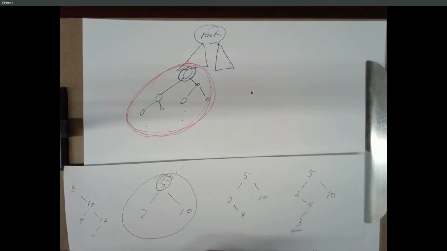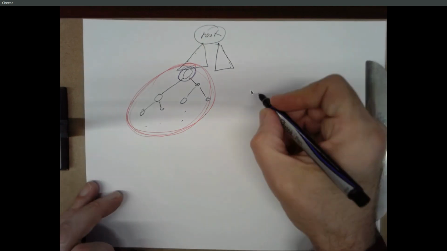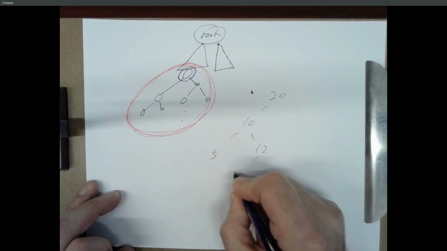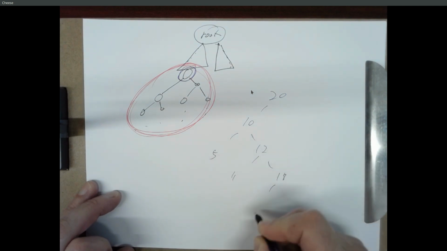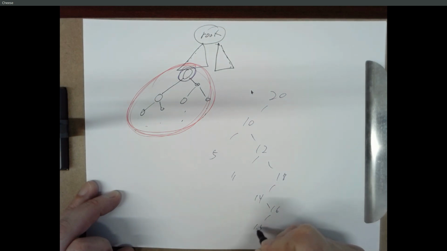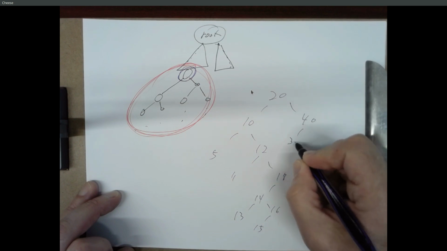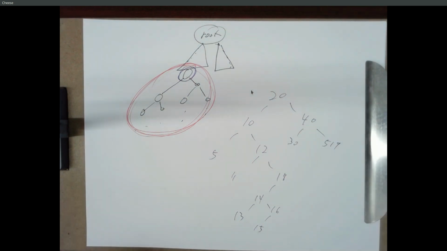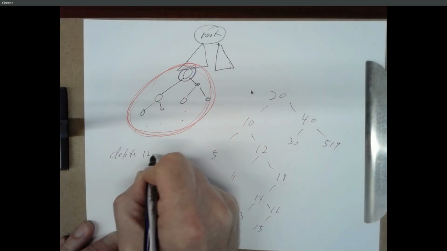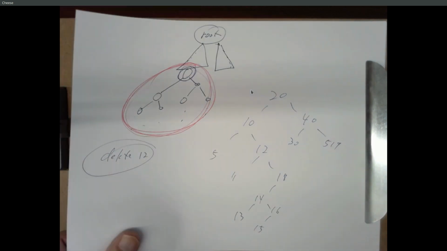So in practice, if you have something like 20, 10, 5, 12, 11, 18, 14, 16, 15, 13, I'm making this up now, and we want to delete a 12, what's your code going to do?